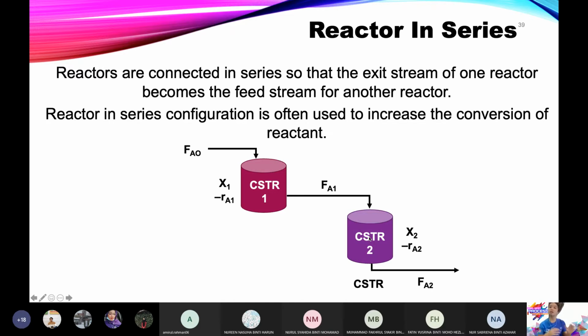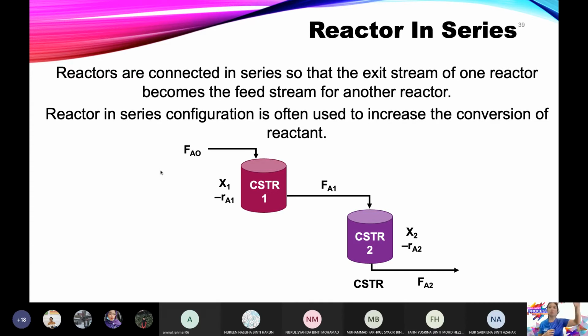Dalam contoh saya saja 2, tapi dalam industri tak semestinya 2, can be more than 2. Dan kamu kena faham, in series reactor, kamu dah tak kacau apa-apa dalam sistem tau. Maksudnya, molar flow rate yang kamu manipulate only at the very beginning. Means feed molar flow rate FA0 tu, let's say kamu adjust at 10 mol per second. Itulah 10 mol per second akan guna untuk semua reaktor. Kamu dah tak kacau part yang lain.